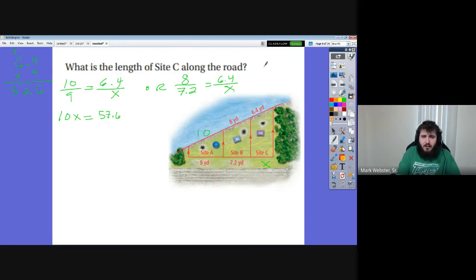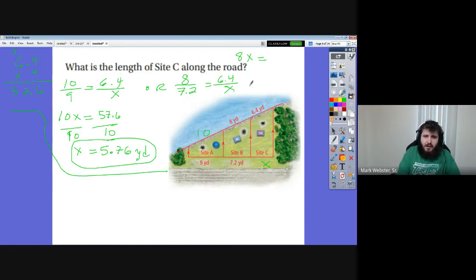Let's do the same thing here. We divide by 10. We should get 5.76 yards. Right? Let's show that it's the same thing here. We got 8x equals something.